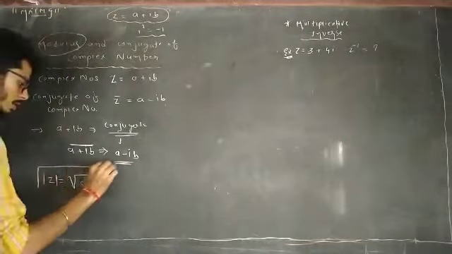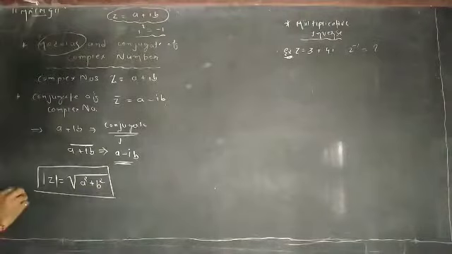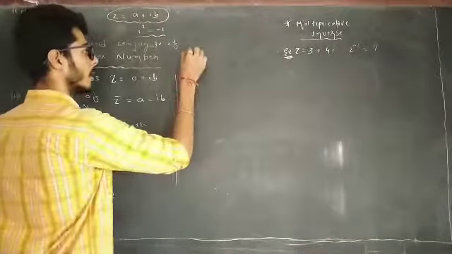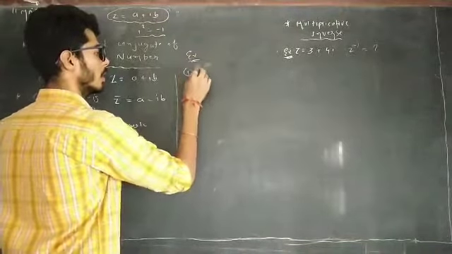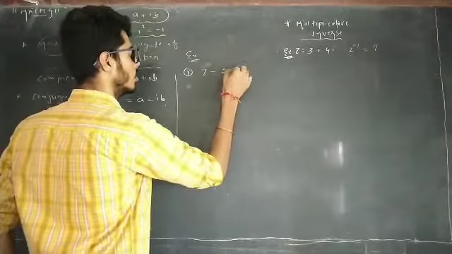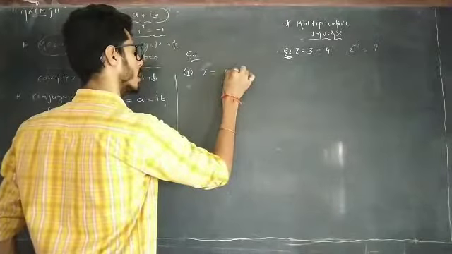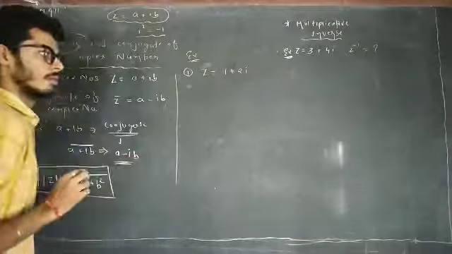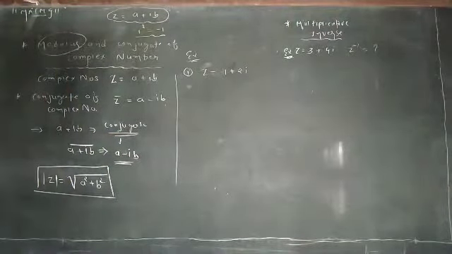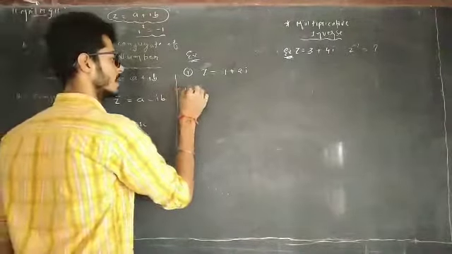Ready? See over here. First of all, for example, we take z is equal to 1 plus 2i. First we find the modulus. What is the modulus of z over here?